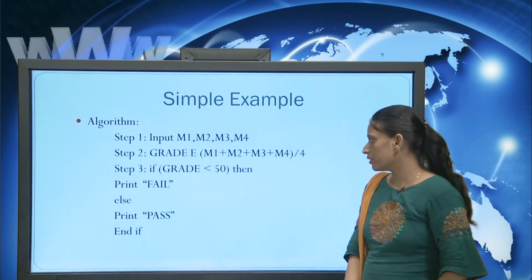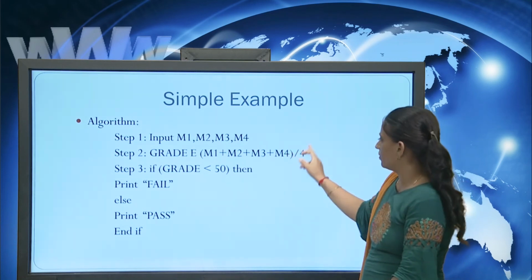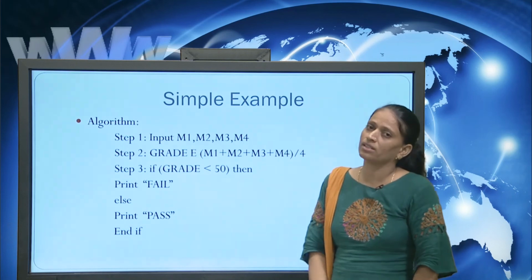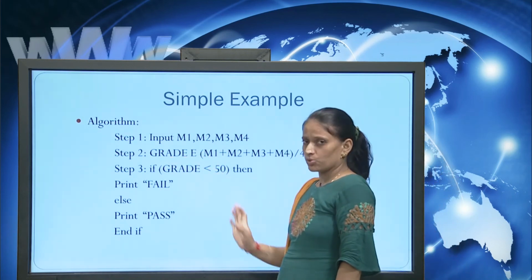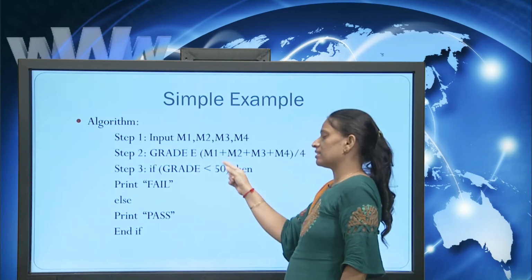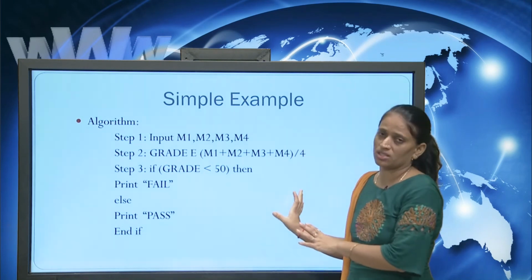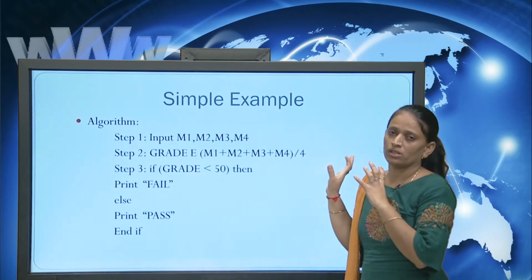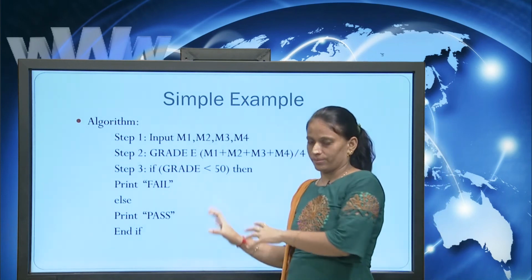We do the summation of all the marks and divide it by 4 to get the average, and whatever value we get is stored in grade. Now we check whether the grade is less than 50; if so, print fail, else print pass. So this is a systematic, machine-readable form of the program.